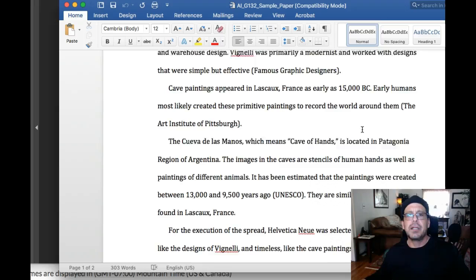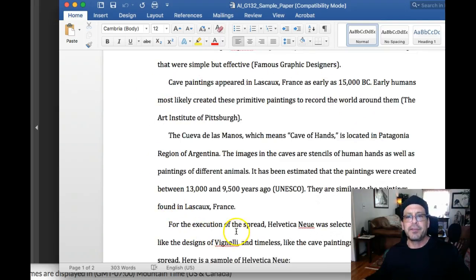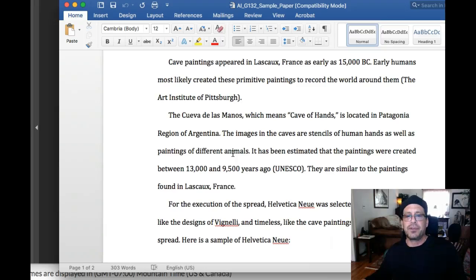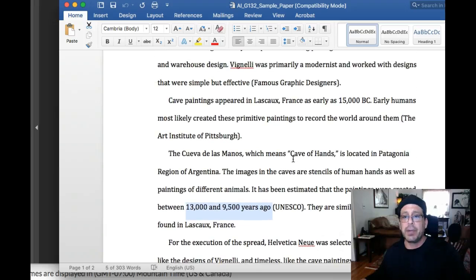Then they're moving to the cave paintings in Lascaux, France, talking about some of the oldest artwork known to man, thousands and thousands of years ago. Actually, this is wrong. I think the latest estimation is 30,000 years ago that predate Lascaux. So that's a sidetrack.